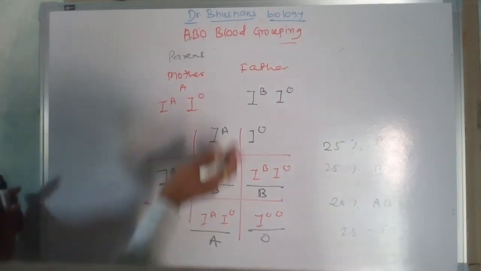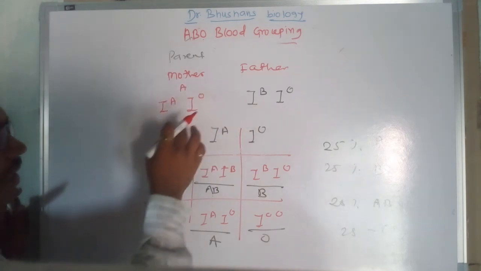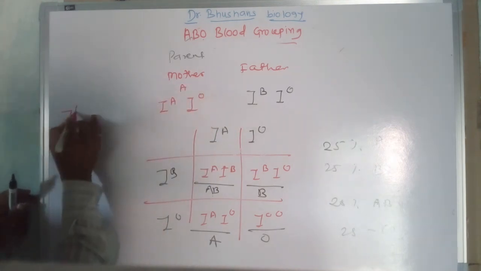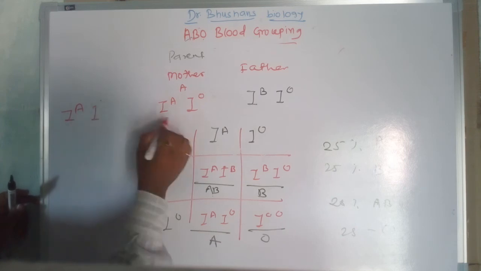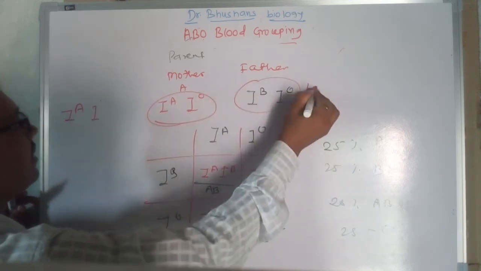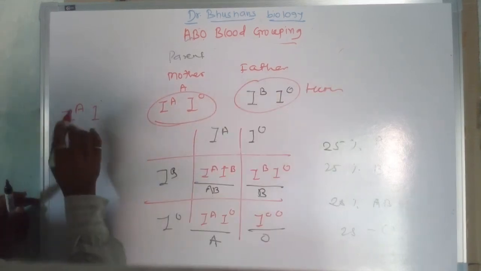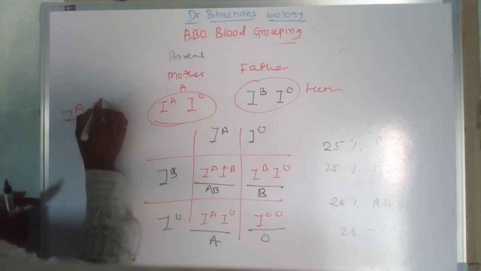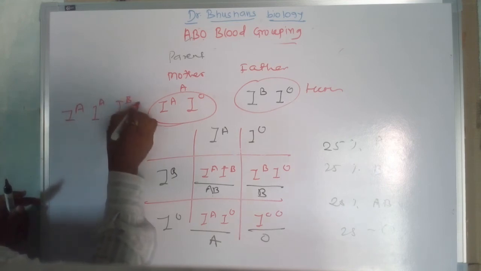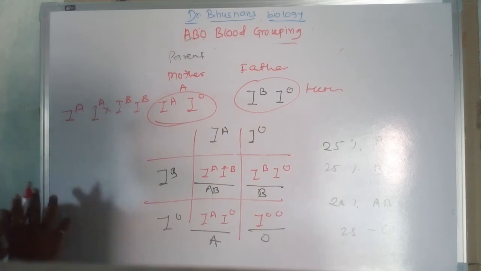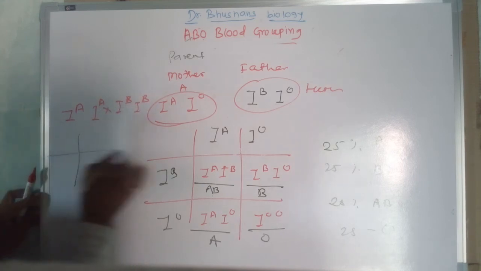If we change the conditions, for example, if parents, mother and father, are homozygous, then what are the possibilities of blood group?